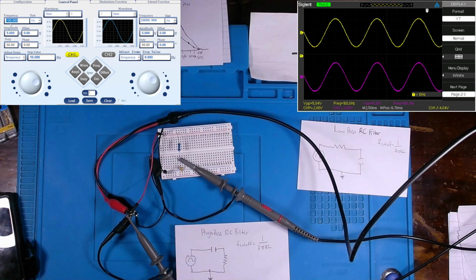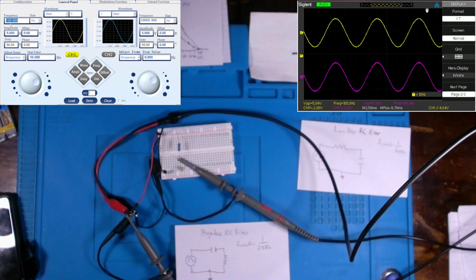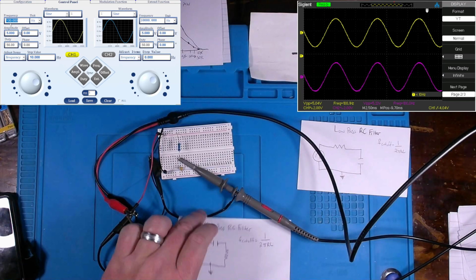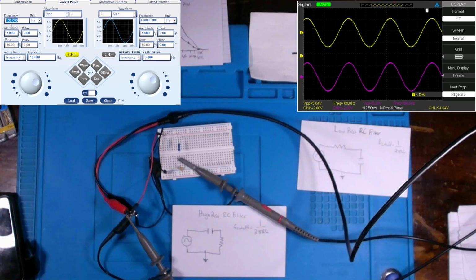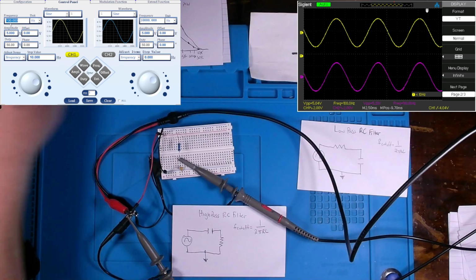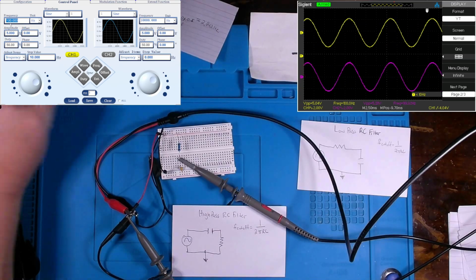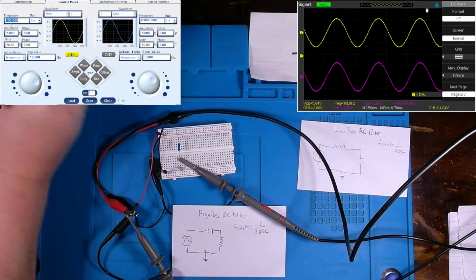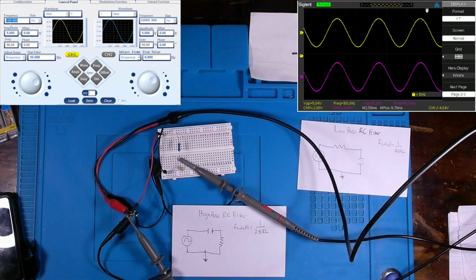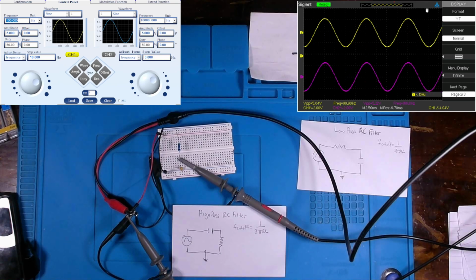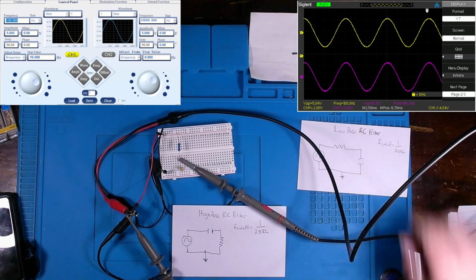Okay, we've reset our signal generator. Well, with an RC filter, you basically just swap. Let's look at this again. Where's my card at? Oh, over here. I'm looking at my PC and I should be looking at my desktop.